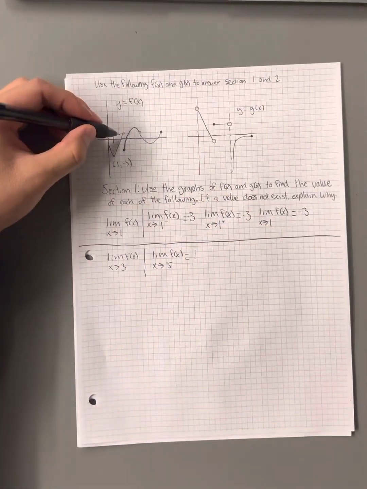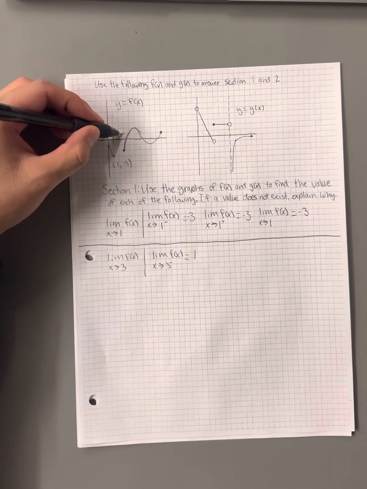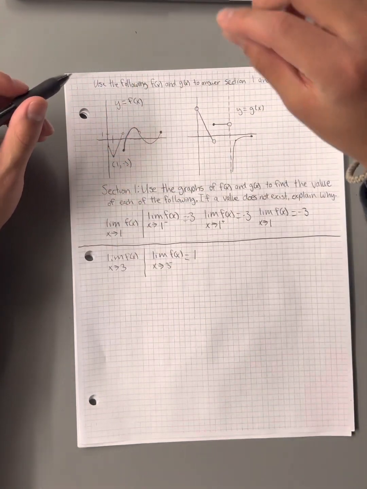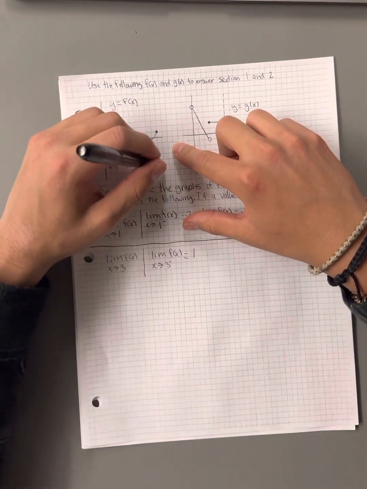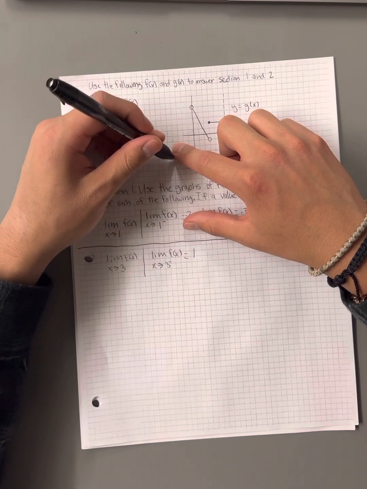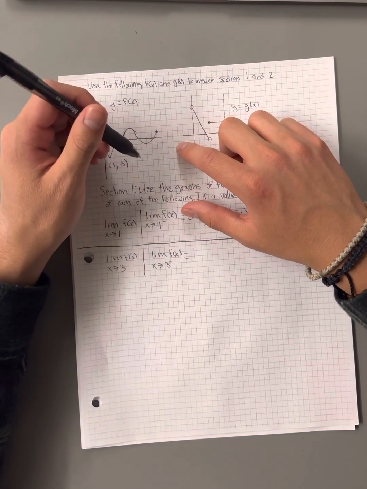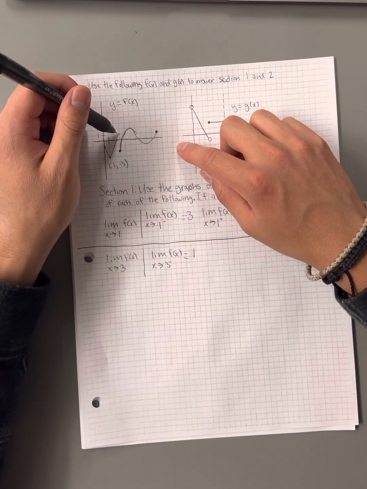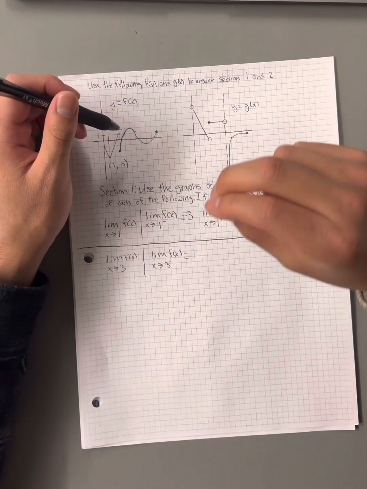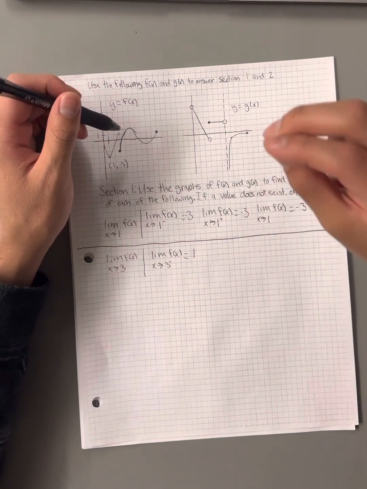And notice that this is an open circle, meaning the line is approaching the point, but it actually isn't touching the point. It's getting just as close as possible to 1, but it's actually never going to touch that point because it is an open circle. That point does not exist.